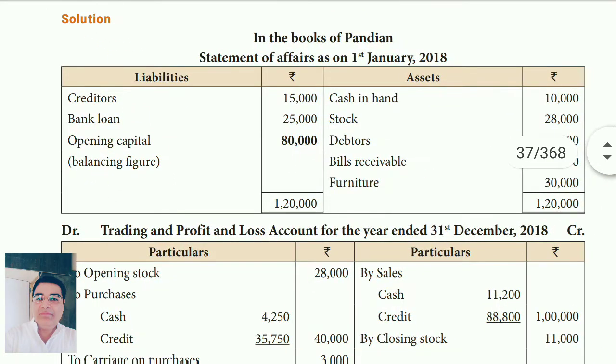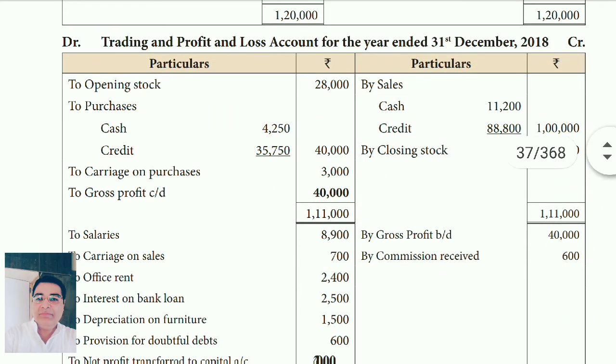Now see here in the trading account debit side, to opening stock 28,000 outer column, then closing stock outer column 11,000. Closing date, closing value, that is closing stock; opening date, opening value, opening stock. Understand? Next one.